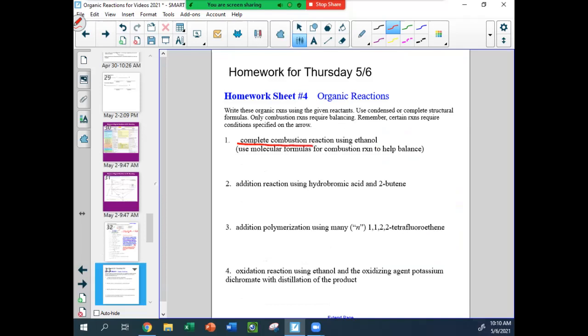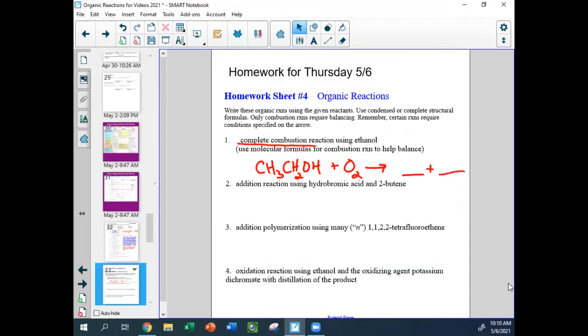Do the complete combustion reaction for ethanol, which is CH3CH2OH, reacting with oxygen. Do you know the two products that that forms for complete combustion? Can you balance that chemical reaction? It's hard to balance in a structural formula written like this.